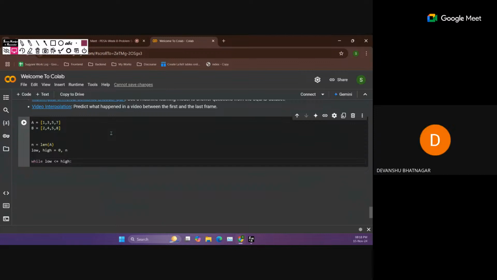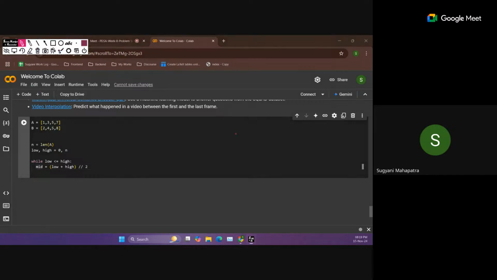And we will find the middle element, which will be low plus high divided by 2, right? So now we have these two arrays, and we need the middle element such that it will cover a middle set of elements in the merged list.